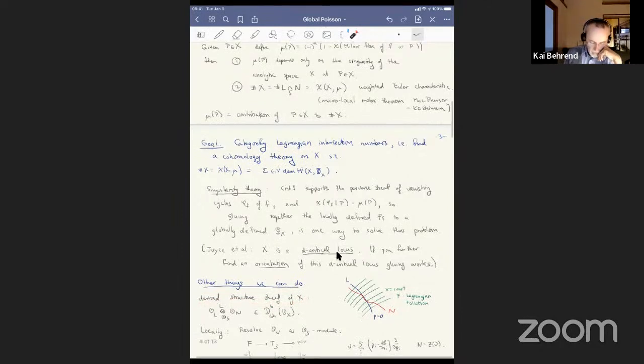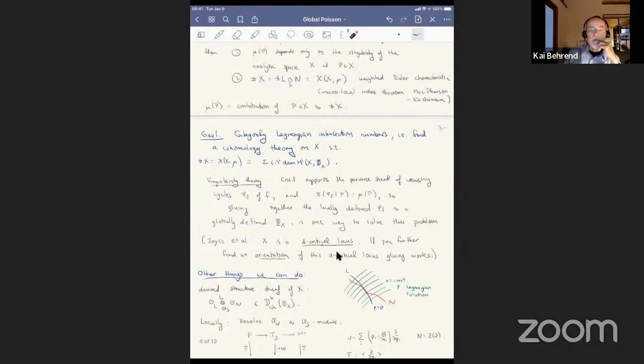So what is that? We have the structure sheaves of the two Lagrangians, O_L and O_N. These are, of course, sheaves of modules over O_S. I extend them by 0 to S, and then they become O_S modules. And I can form the derived tensor product.